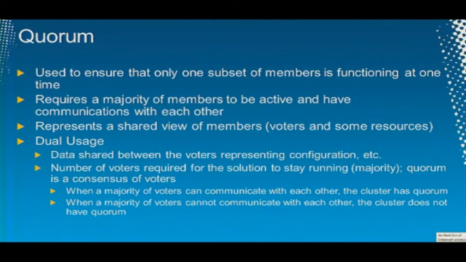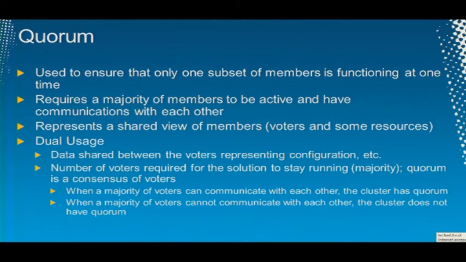I think part of the reason it confuses people is because we use the term to mean two different things. Quorum is used first as a model of consensus among systems that are connected together so that they can agree on what's happening in the systems. The quorum itself represents a shared view of what's in the cluster. In the case of a DAG, there's not a whole lot in the cluster.